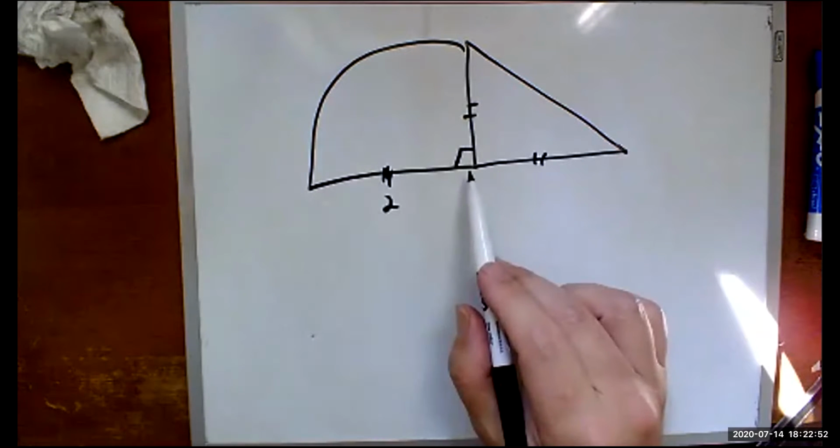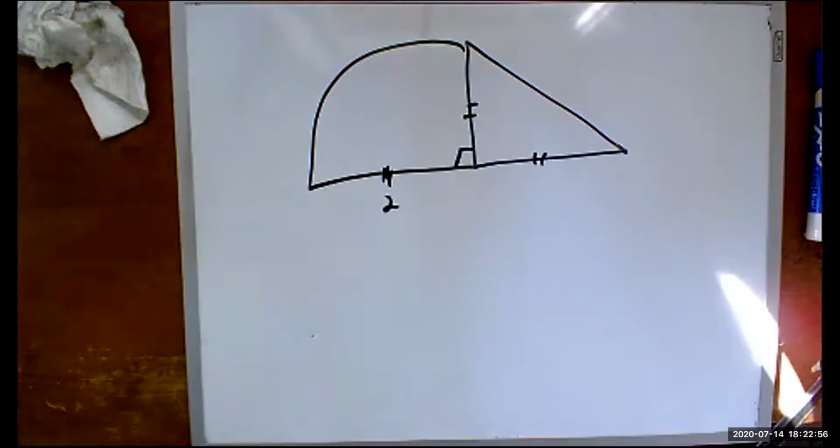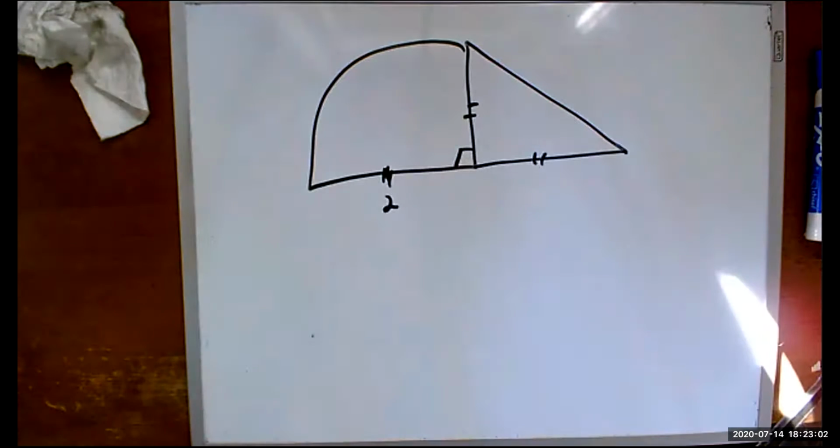We're being told that this length is 2. We've got the double dash, the double dash, the double dash, which means all of those lengths are 2. The other thing that we take note of, this is a quarter of a circle. So whatever we're going to end up dealing with, we have to deal with a quarter of a circle in the whole thing.